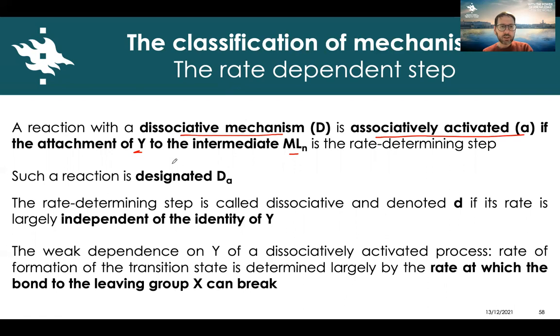A dissociative mechanism associatively activated is denoted as DA. And if we have a dissociative mechanism which is dissociatively activated, then we have DD. In this case, the rate will be independent of the identity of the entering group.